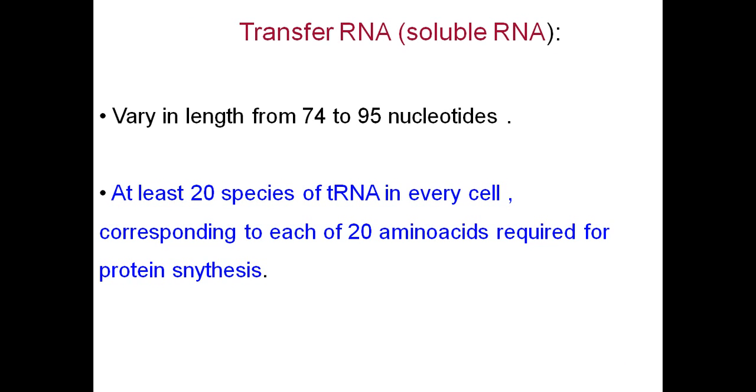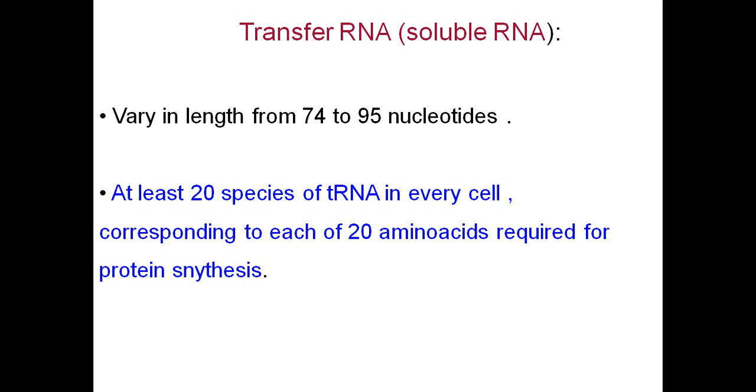Now another type of RNA we have to study is transfer RNA or tRNA. This is also called soluble RNA. The tRNA varies in length from 74 to 95 nucleotides.